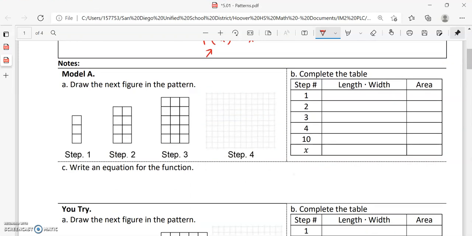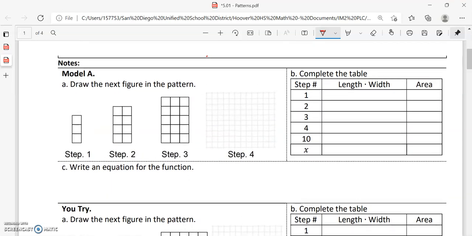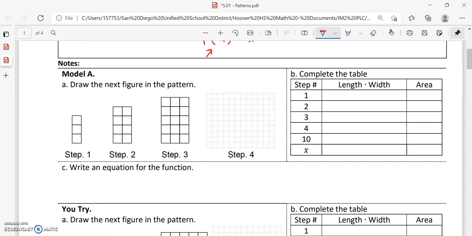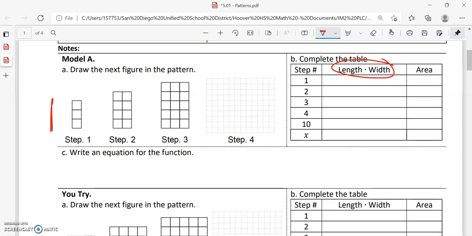Okay, model A. Draw the next figure in the pattern. So let's identify, you can see over here we're going to be doing length and width. Length is how tall our image is, and then width is our width. So I'm going to do length first. It is a 3 by 1, then a 4 by 2, and a 5 by 3.